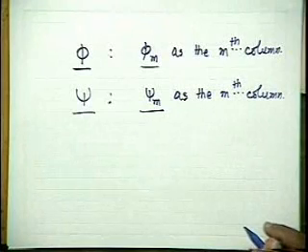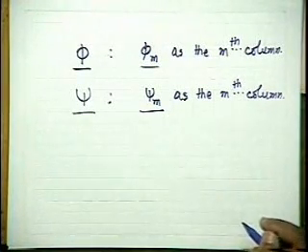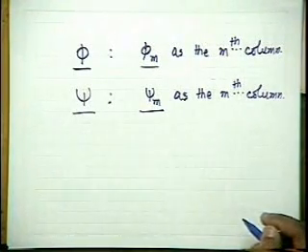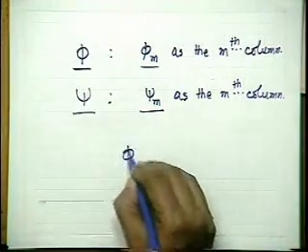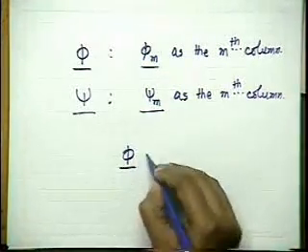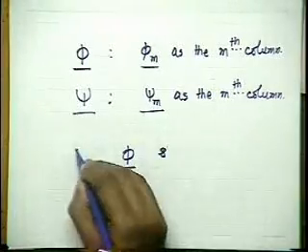So what is the size of the matrix phi? The matrix phi is of size m by r.